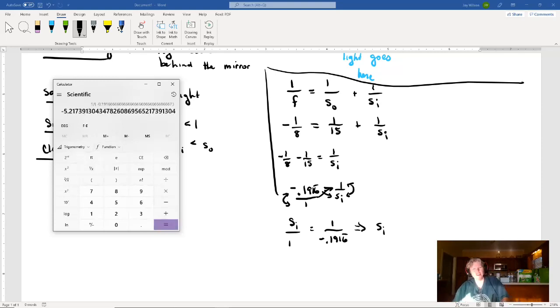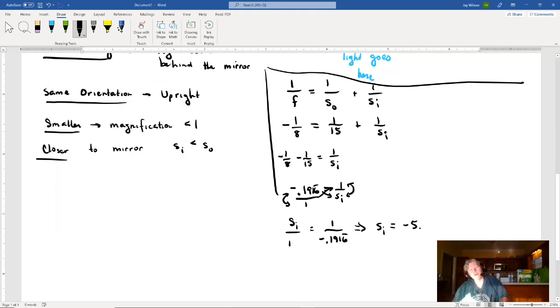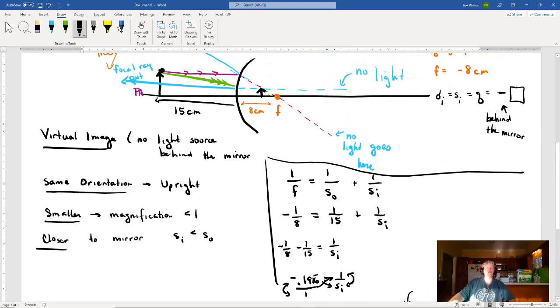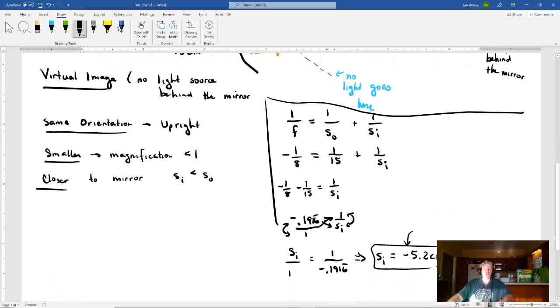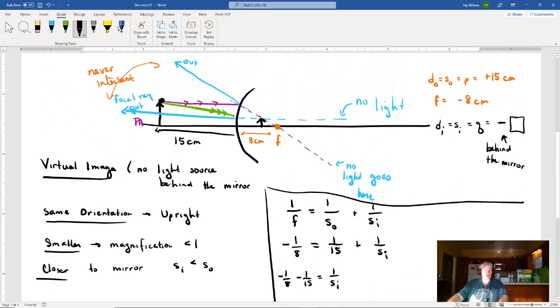In this case, the distance is negative 5.2 centimeters. And as we expected, the number is negative because it is behind the mirror. It's closer to the mirror because our visual picture of that shows that.